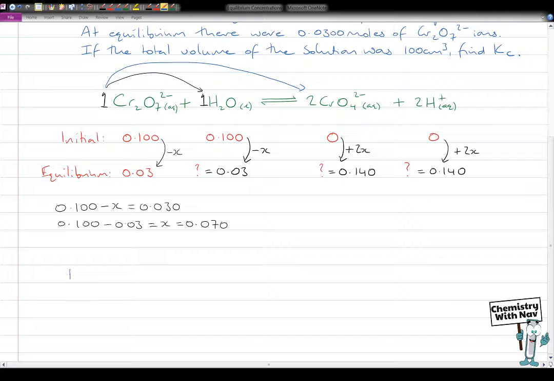So in order to do that, I would need an expression for Kc, and because the C in Kc stands for concentration, we are looking at the products all over the reactants.